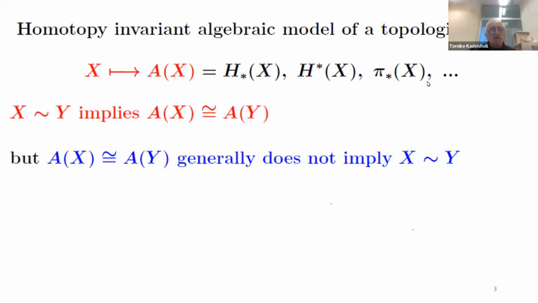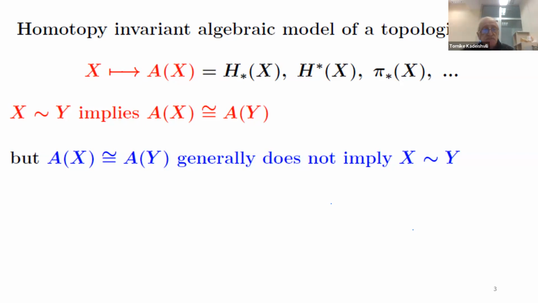There are plenty of different models, and all models must be topologically or homotopically invariant. If X and Y are equivalent, either topologically or homotopically, then their models must be isomorphic.